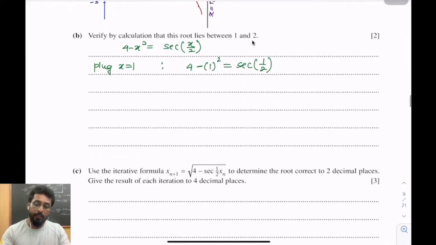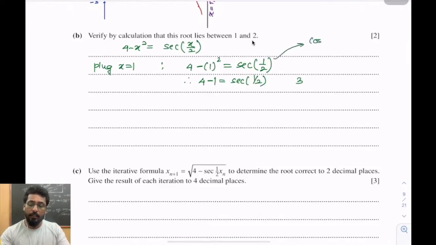So I get 4 minus 1 is equal to sec of half. 4 minus 1 is 3, and sec of half, I cannot get sec directly. So I'll get cos of half and then take the reciprocal of it. So 1 divided by cos of 1 by 2.